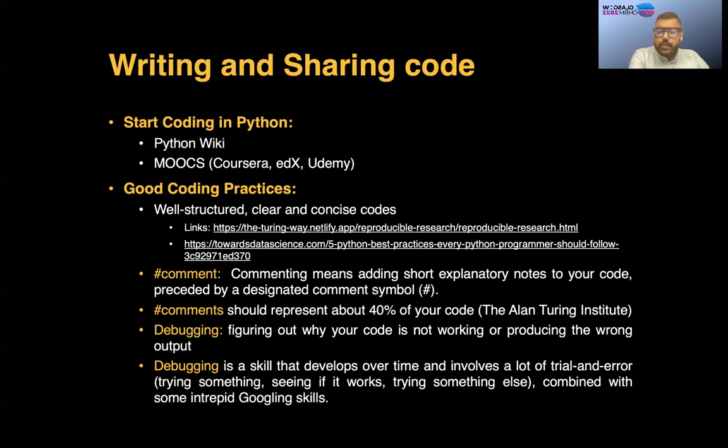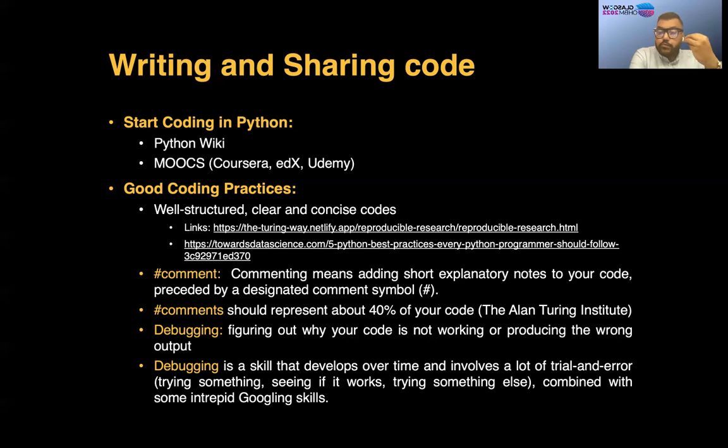So one way to make your code very structured and clear is to include comments. Comments are a way to explain the purpose of your analysis, of a specific function or a line of code, by starting the line with the hash symbol so that you would basically explain what your code is doing.